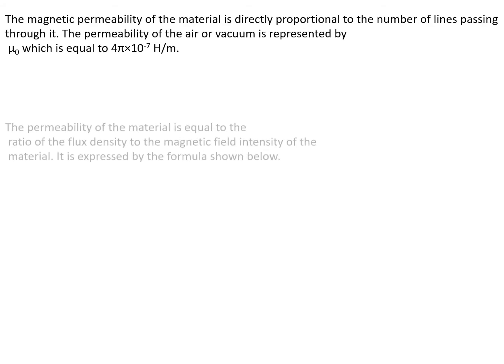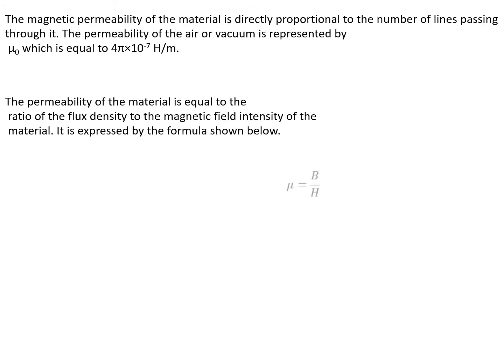In this slide we are going to study more terms related with magnetism. This is magnetic permeability. What do you mean by magnetic permeability? It is directly proportional to the number of lines passing through it, and this value is constant.